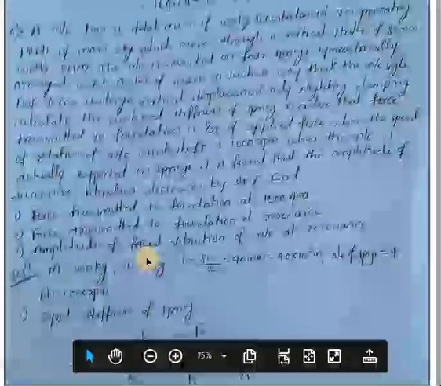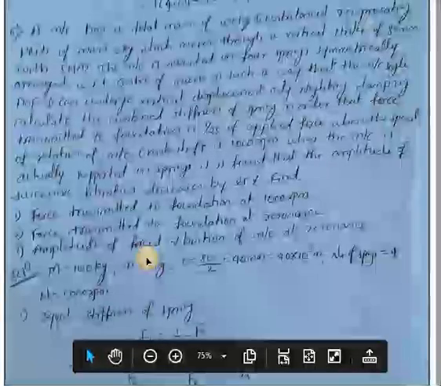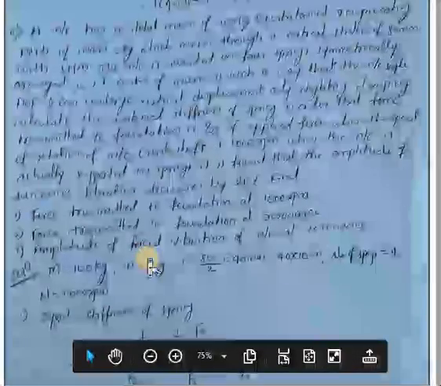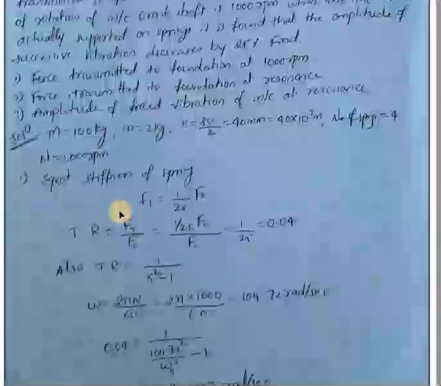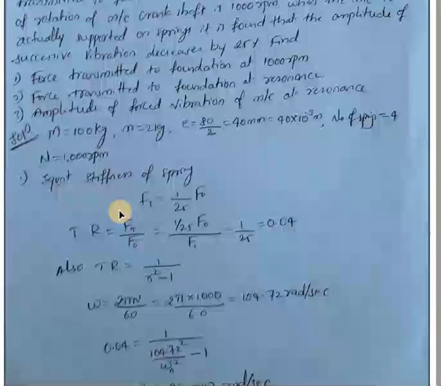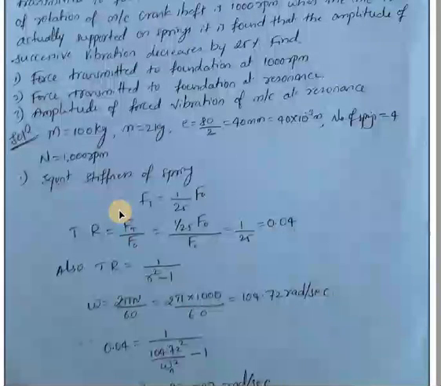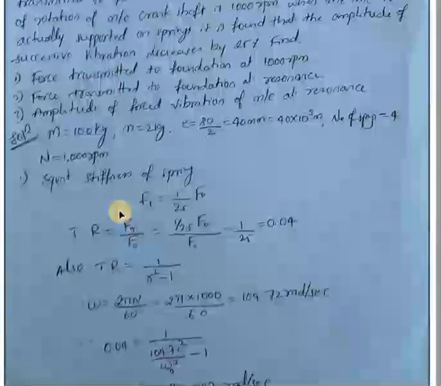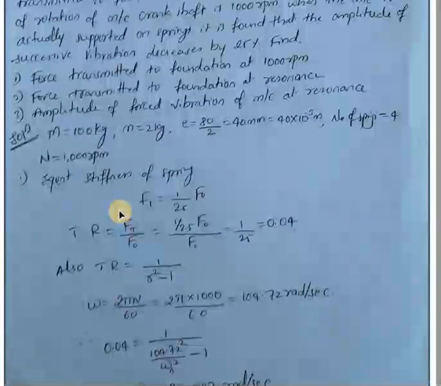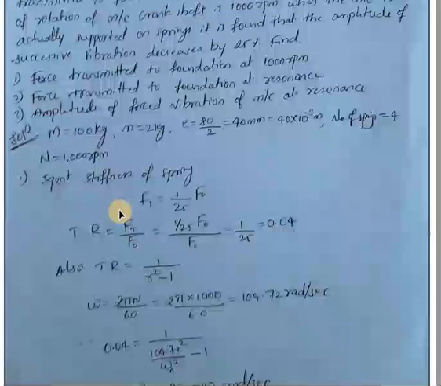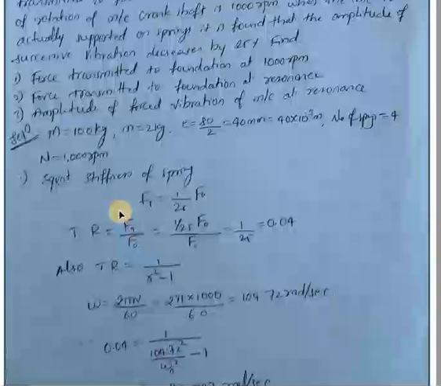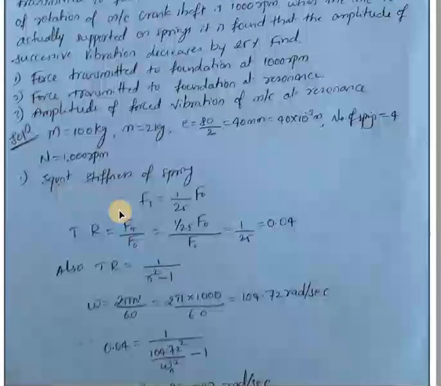So the first one is we need to calculate the equivalent stiffness of the spring. To calculate that, you should know the value of omega n. But here, to know the value of omega n, you should know the value of omega, or you can use any of the equations, that is either the transmissibility ratio equation or the amplitude equation.